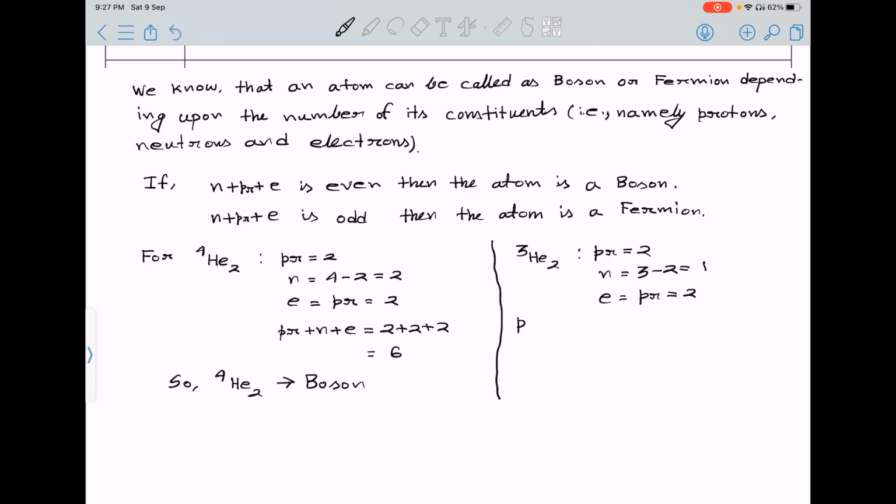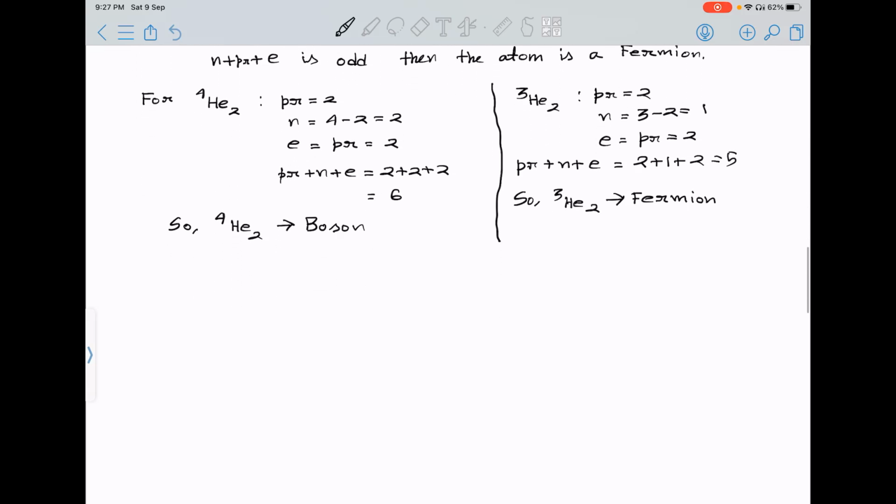So protons plus neutrons plus electrons makes 5, and that means helium-3 is a fermion.